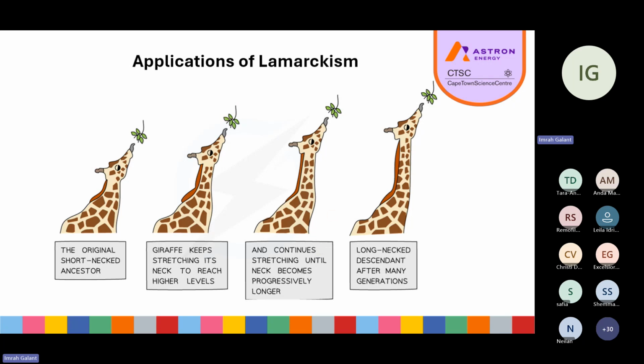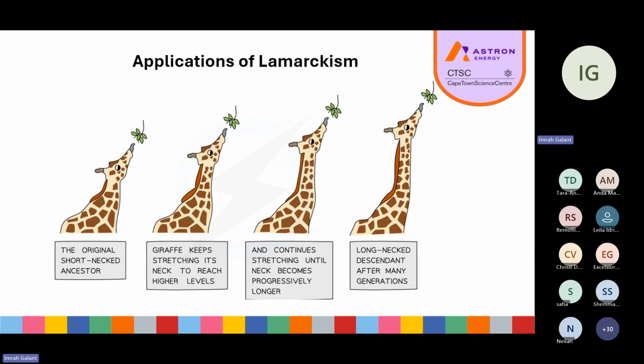They stretched their necks to grow stronger and longer, and in this acquired trait, the long neck was passed on to the next generation. As a result, all modern giraffes have long necks. So that was his way of coming up with his theories on evolution.